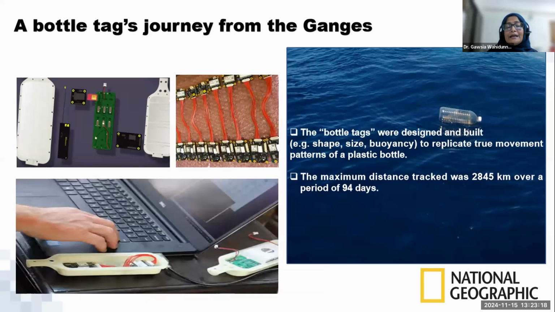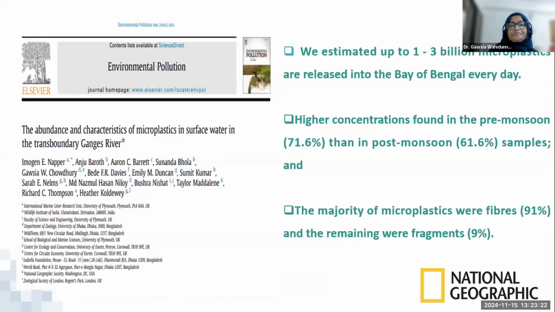It was highest, like it traveled 2,845 kilometer distance. And in another study, we measured the abundance and characteristics of microplastics in the surface water, and we found higher concentration in the pre-monsoon season than the post-monsoon, and also the majority of microplastics we measured were fibers, and the remaining were fragments.